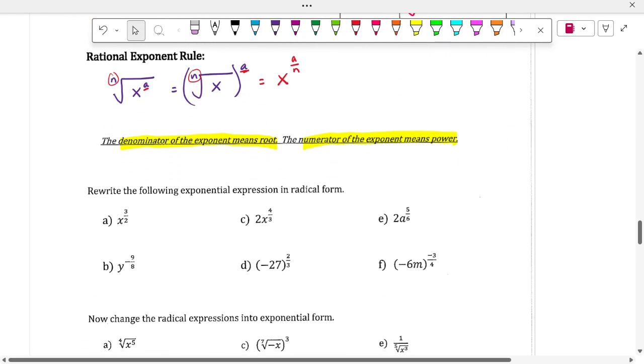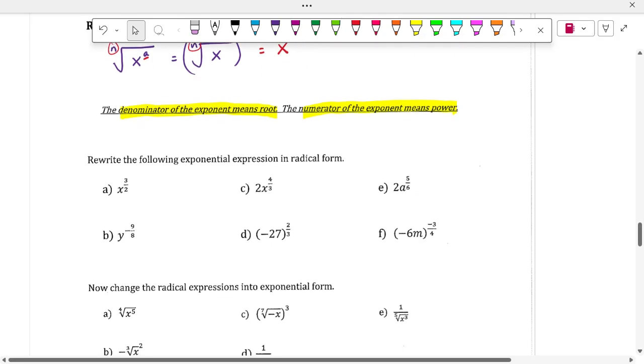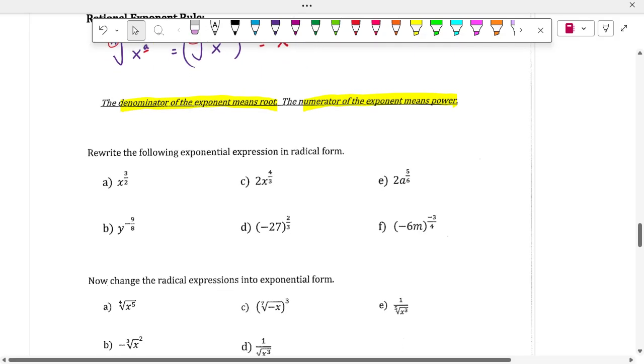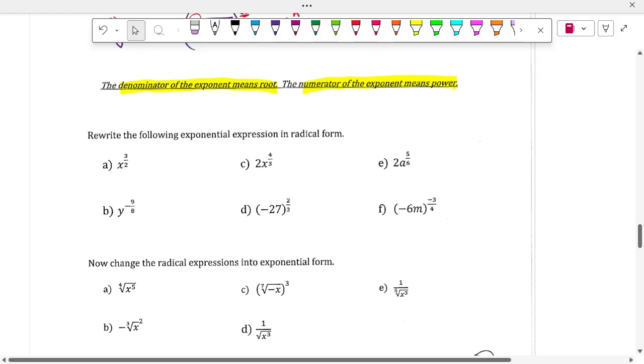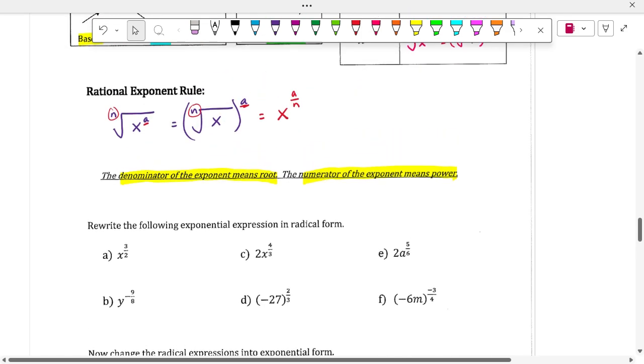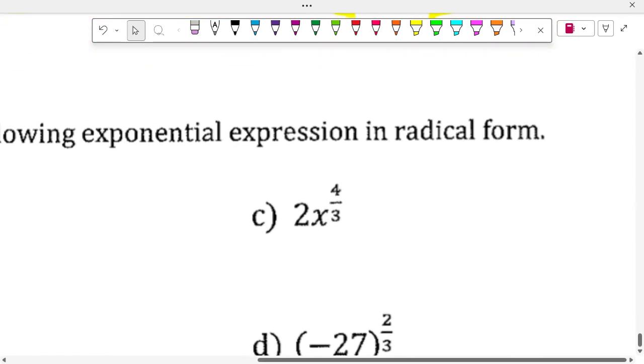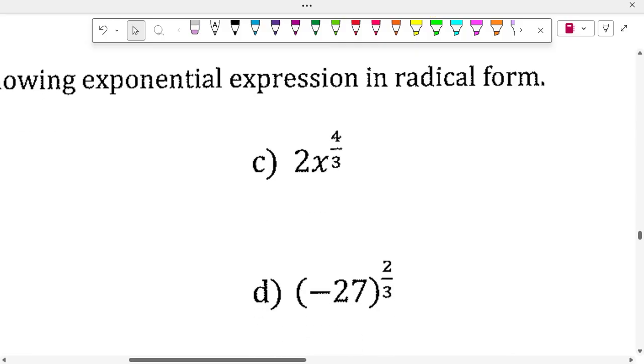So where this comes into play. Let's look at C. Be careful with C. That 4/3 exponent is only affecting the what?